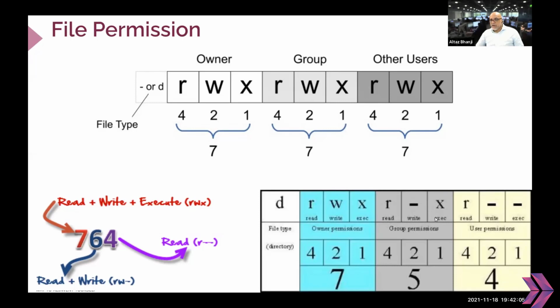So that gives me 5. I got 7 here, I got 5 here. And then in this case, I have 4. I have nothing here because it's a dash, and nothing here, again, because it's a dash. So 4 plus 0 plus 0 is going to give me 4.